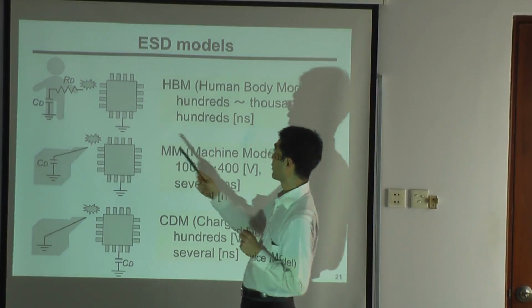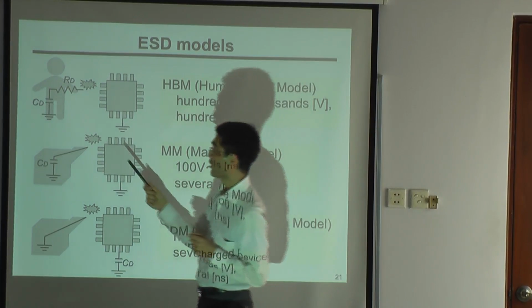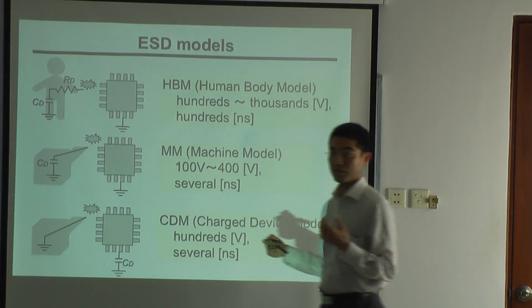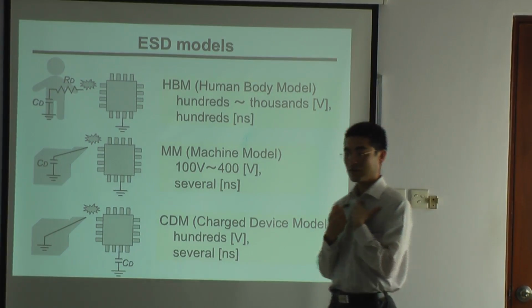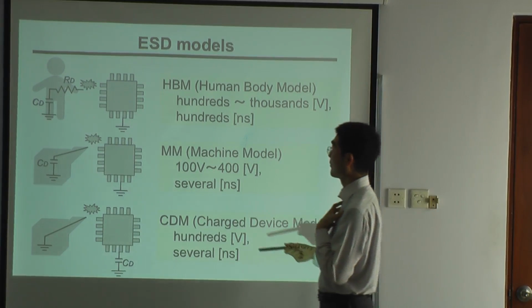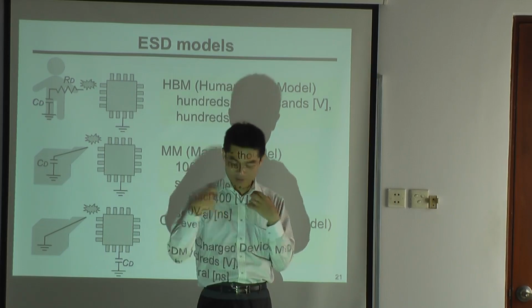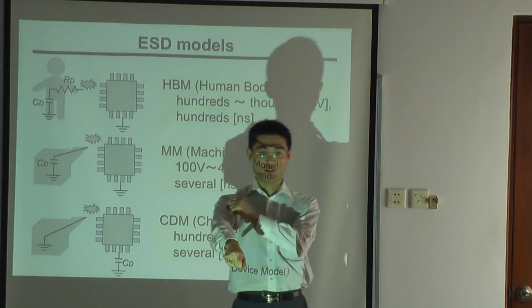For the human body model, we usually charge hundreds of volts, that means sometimes about 100 volts, and we also have resistance here.